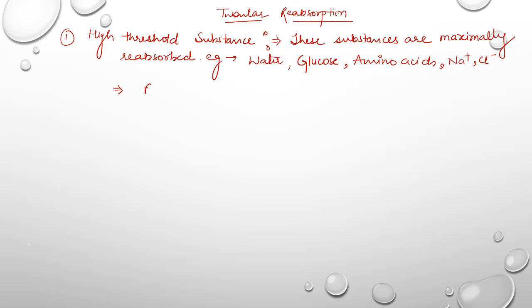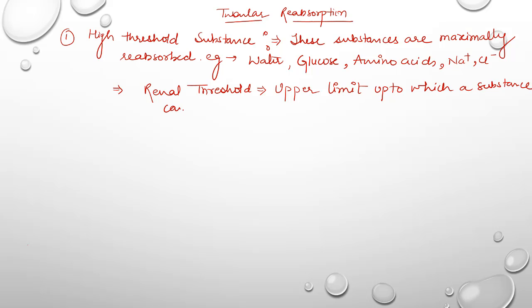Then, what is renal threshold? It is the upper limit up to which a substance can be reabsorbed by the nephric tubules, whether it is the proximal convoluted tubule, the distal convoluted tubule, or the loop of Henle.